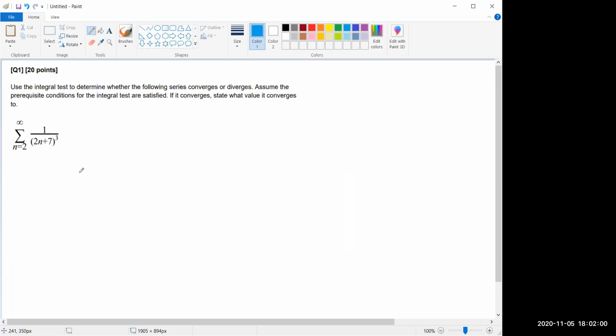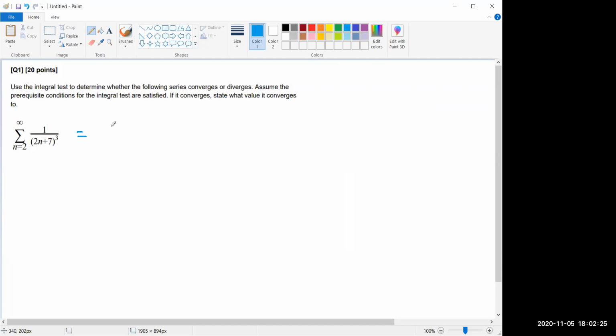You're supposed to check it, but the directions tell you that you can skip checking those conditions. Instead, you can just jump straight into the integral test, which says to find the answer to the series, you can just integrate it instead of doing summation.